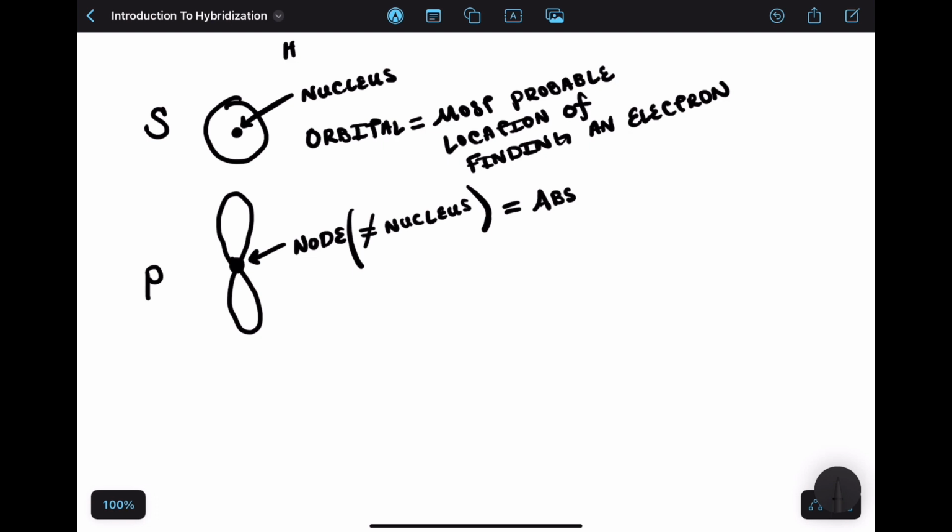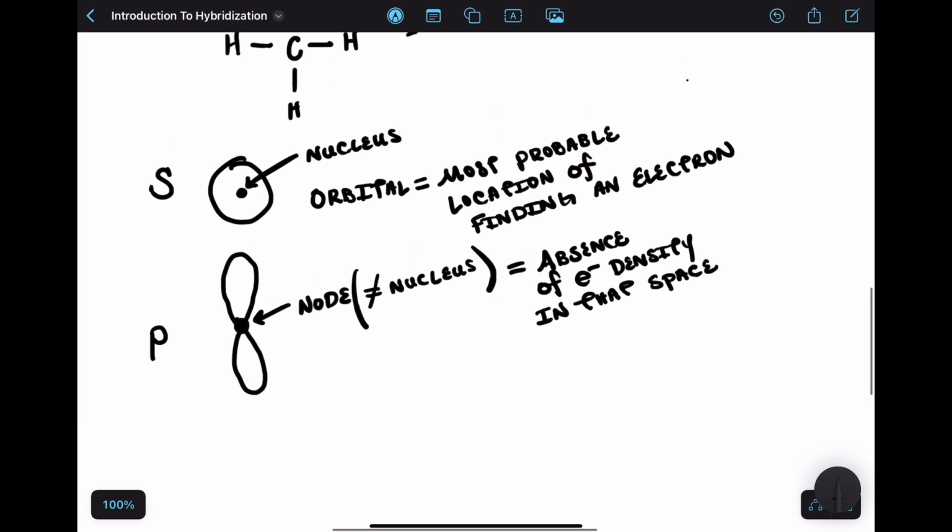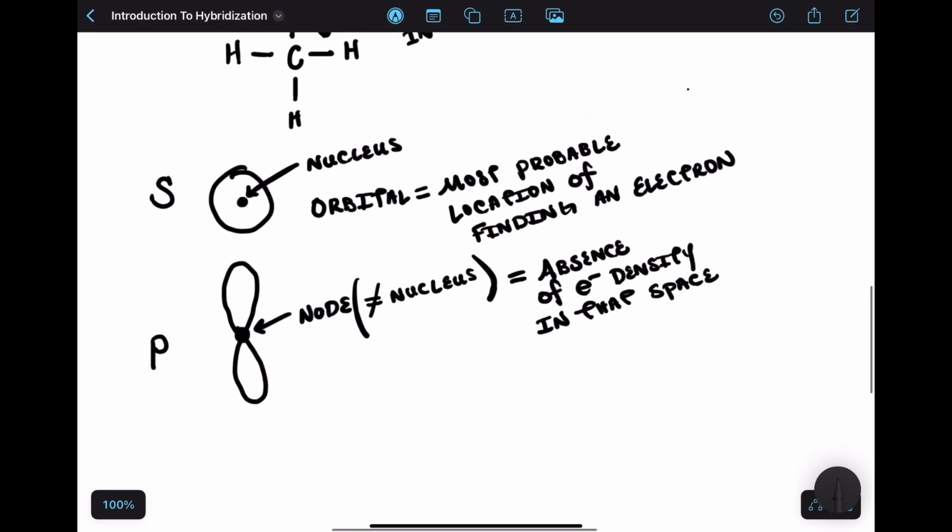So absence, right? And so that's what a node is. And so now we have the s orbital defined and the p orbital defined.